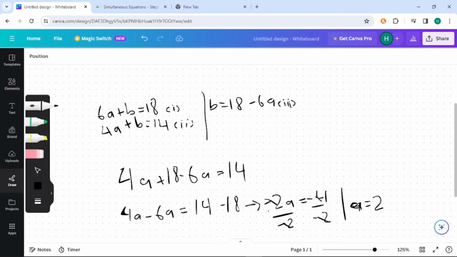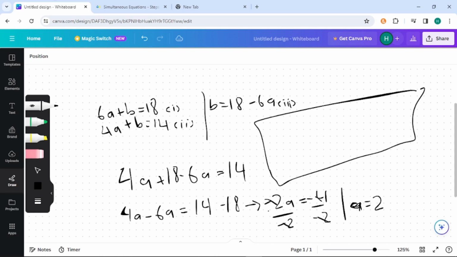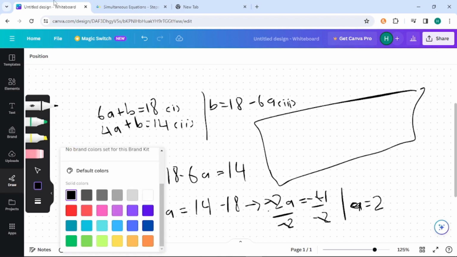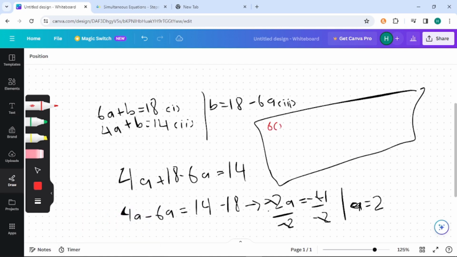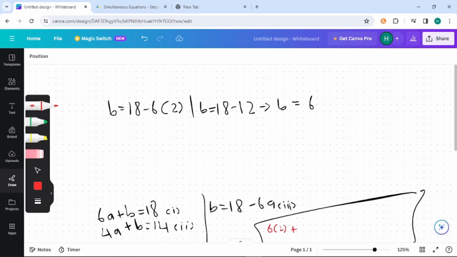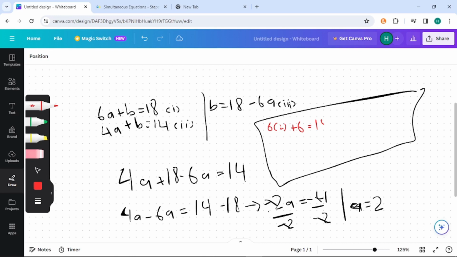So now, how do we know if these values are actually correct? Well, we can replace a and b with the values we've just found. So this is going to turn into 6 brackets 2 plus 6 equals 18, and now 4 brackets 2 plus 6 equals 14.